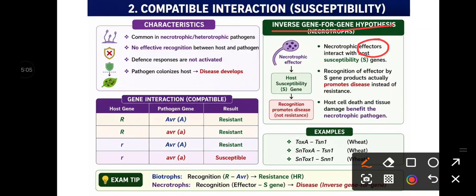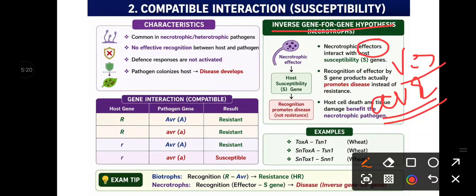Okay, so here the interaction is between the virulent gene, the small AVR gene, and the susceptible gene.